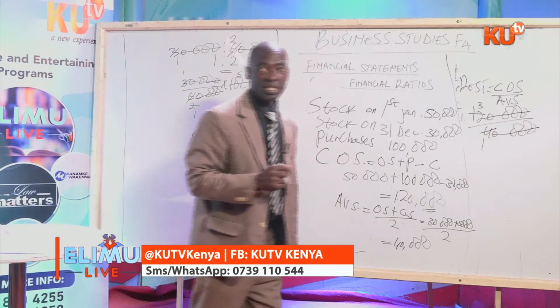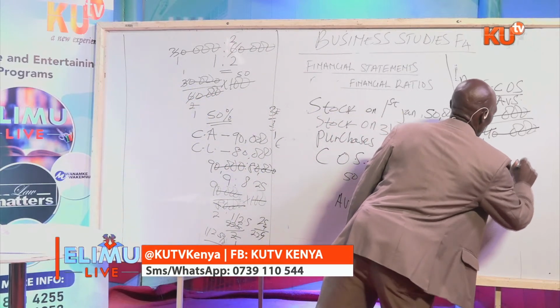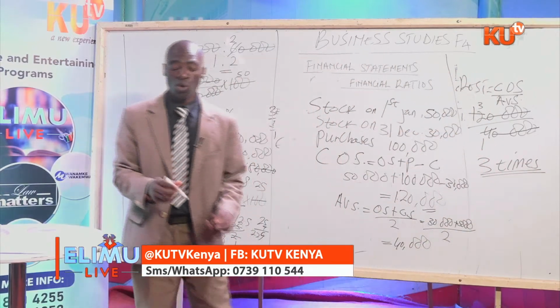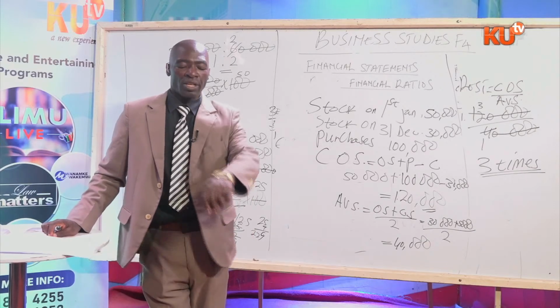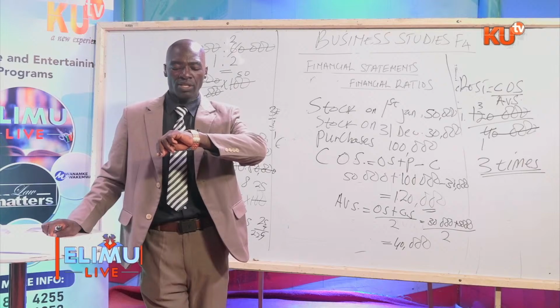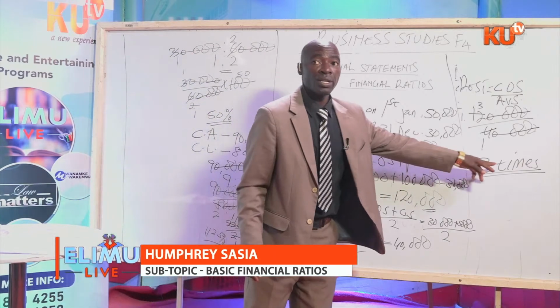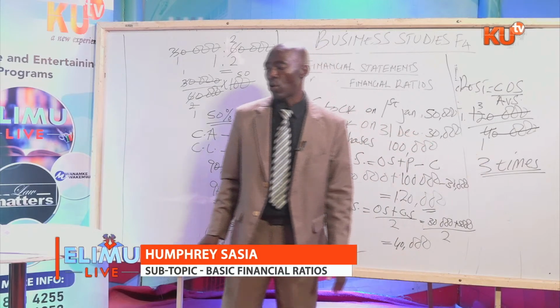So in this case, stock was bought and sold 3 times. Are we together? Stock was bought and sold 3 times. So that is the rate of stock turnover. That is how you calculate the rate of stock turnover.